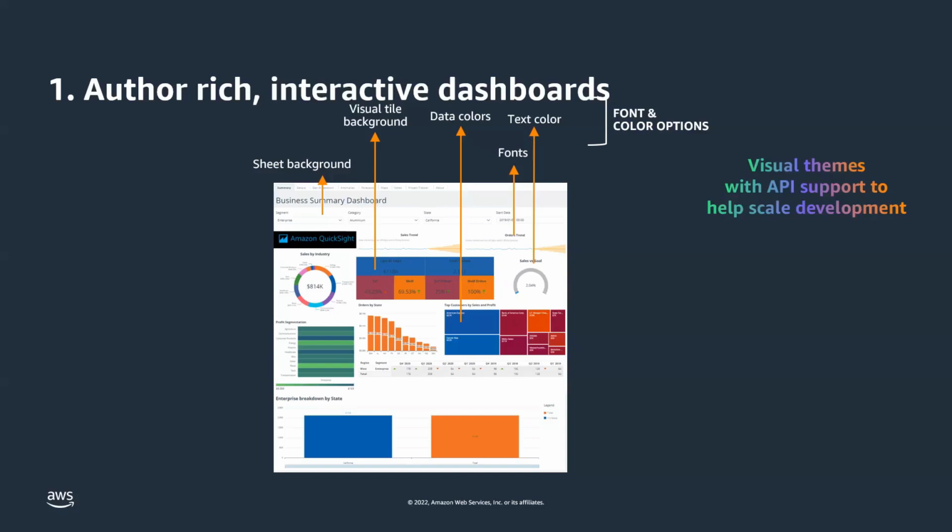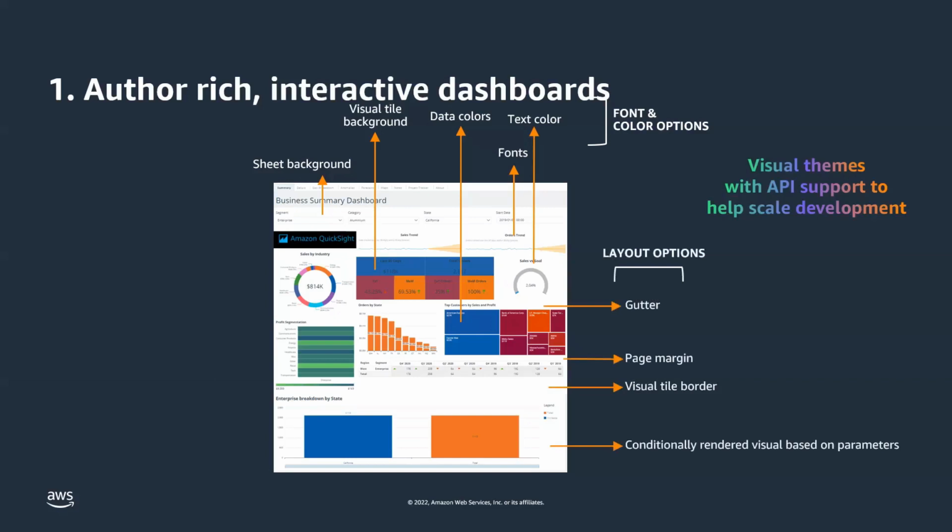You can define a visual title. The data colors can be done in the theme. The text colors can be mapped. You can work with different fonts, different sizes. You have different layout options. You can specify the gutter, the page margin, the visual title border. You can conditionally render and hide visuals based on parameters, right?